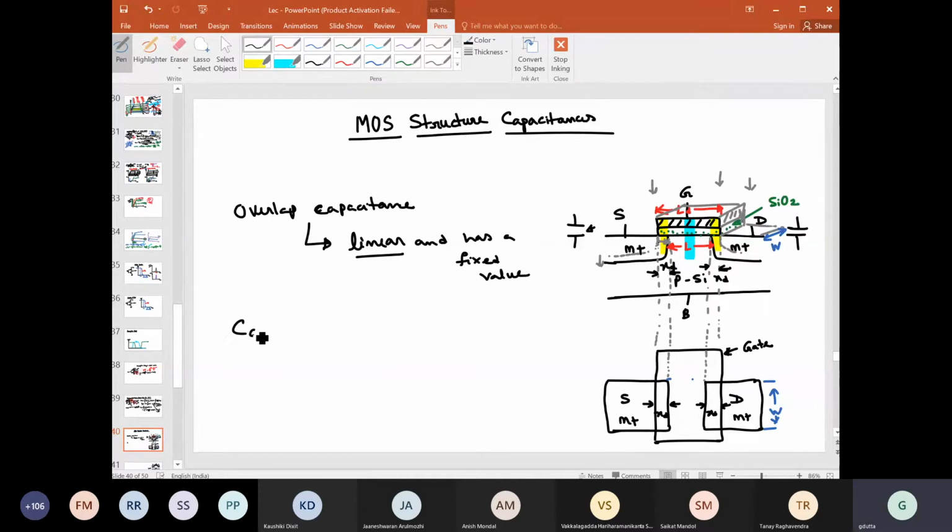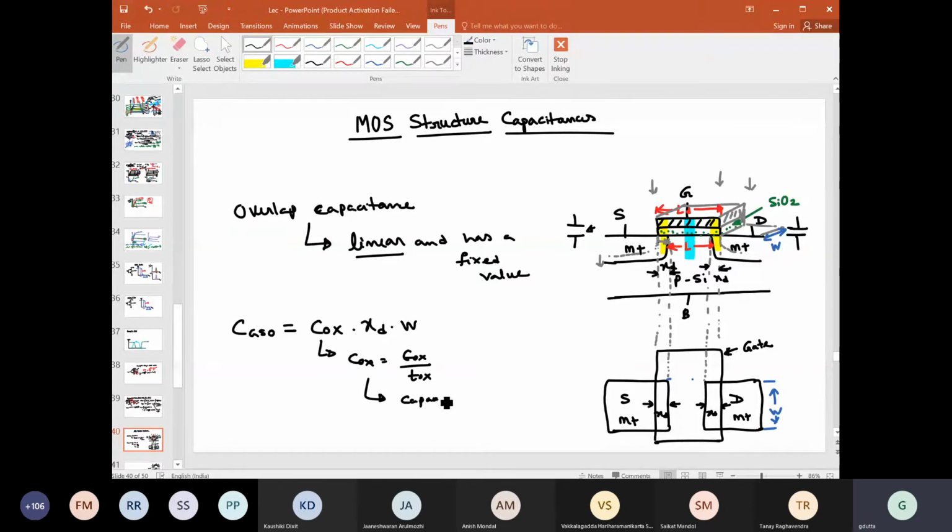We can say CGS naught is equal to Cox into XD into W. What is Cox? Cox is equal to epsilon ox by T ox. Basically, Cox is the oxide capacitance per unit area.